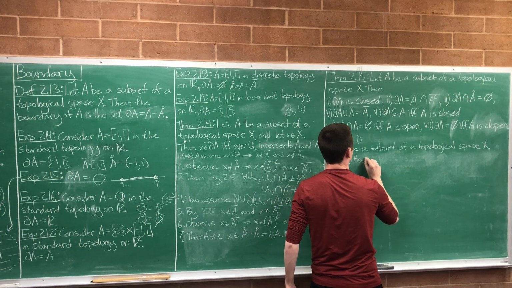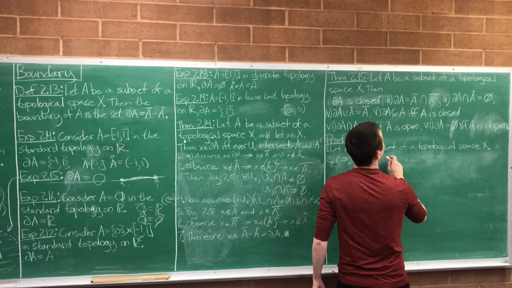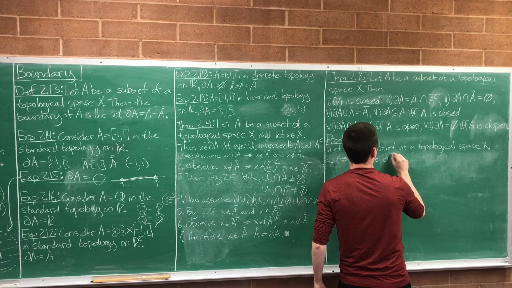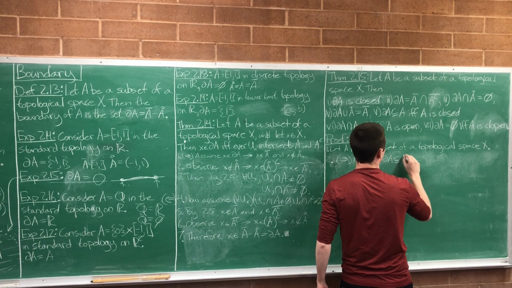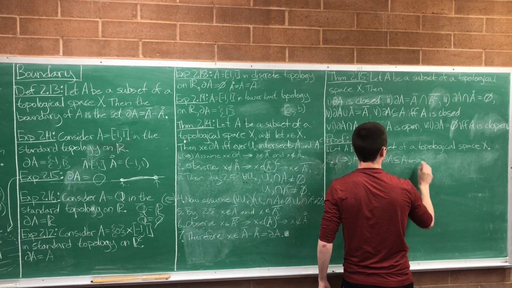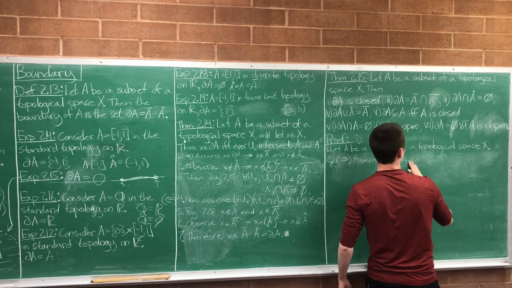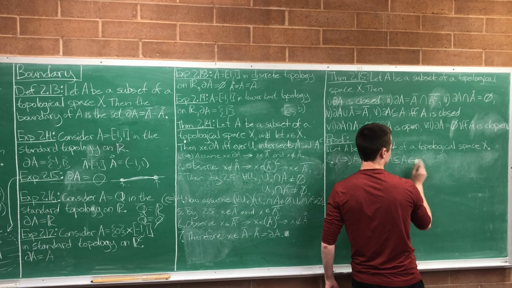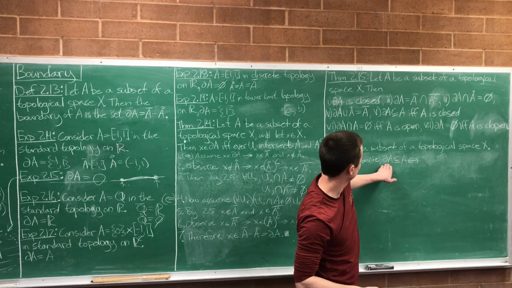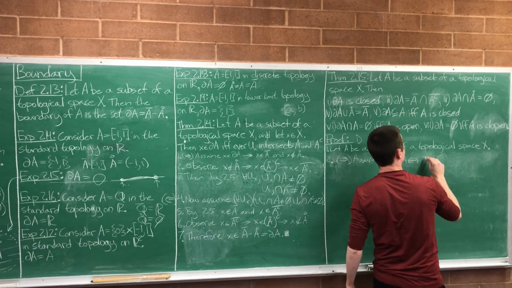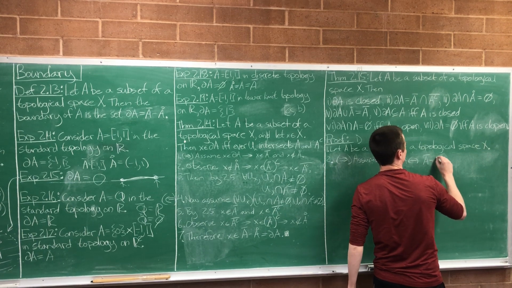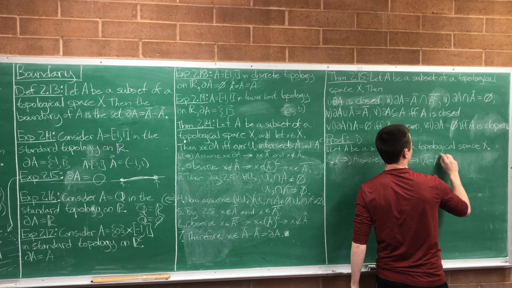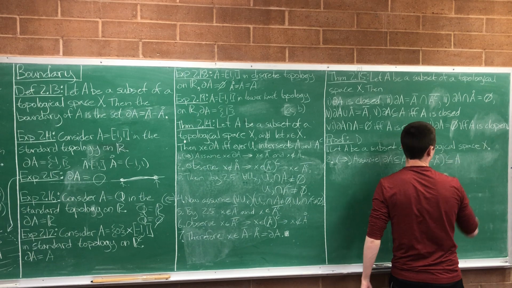Assume delta A is a subset of A. And that's the exact same thing as, maybe we just need implication arrows here. We'll do the exact same thing. We can view them as implications if you want. So if delta A is a subset of A, that's the exact same thing as A's closure minus its interior is a subset of A.